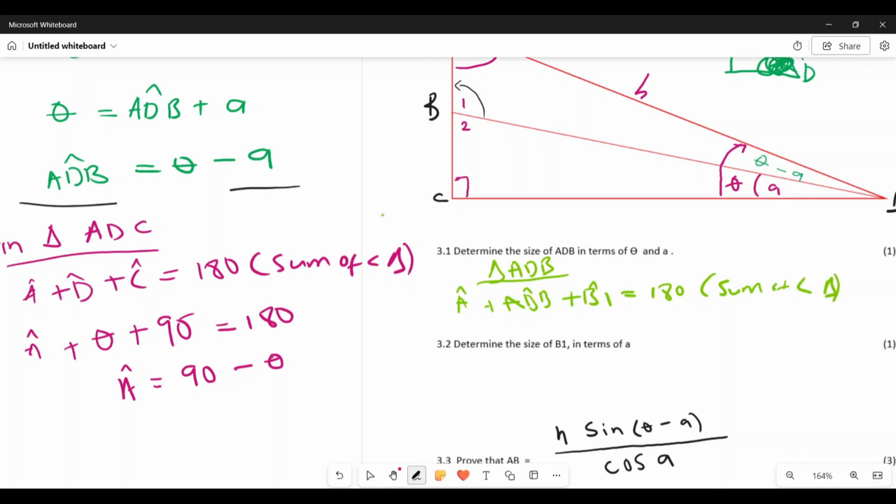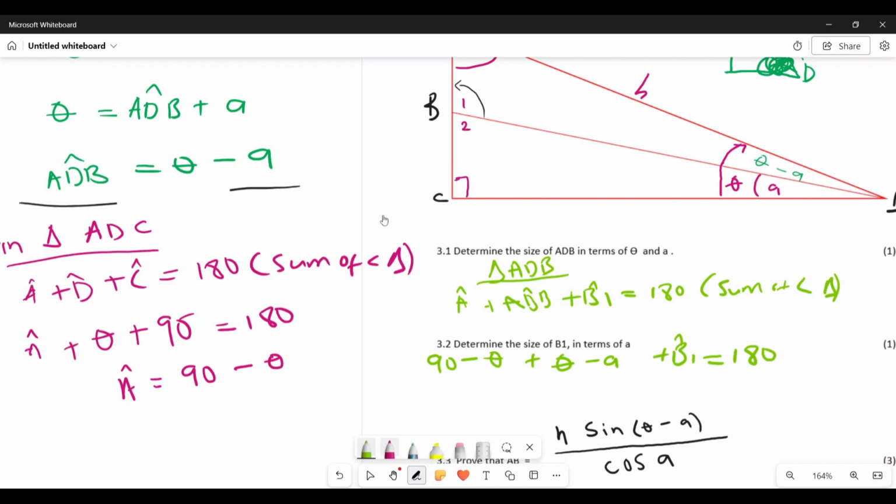So now my angle A, which is 90 minus theta, plus my angle ADB, which I've calculated as theta minus A, and as I've said, plus B1, everything should be equal to 180.